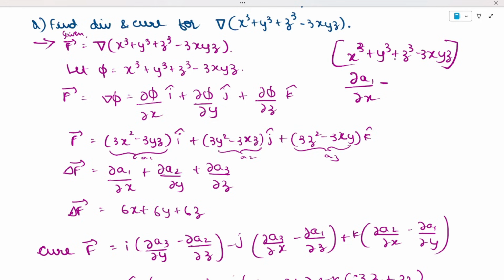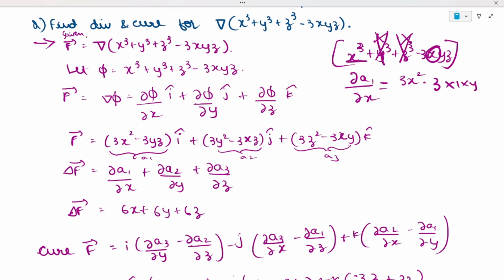Where no x term is there, don't do it, ignore it. Now you have to imagine that these both terms are not present at all. You have to take this term. What will be the normal differentiation of x cube? It will be 3x square. The same you have to write, and minus also write. Here 3x is there, 3x you have to differentiate, the x differentiation is 1.